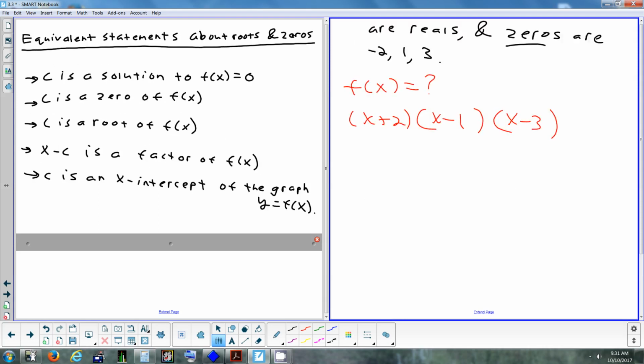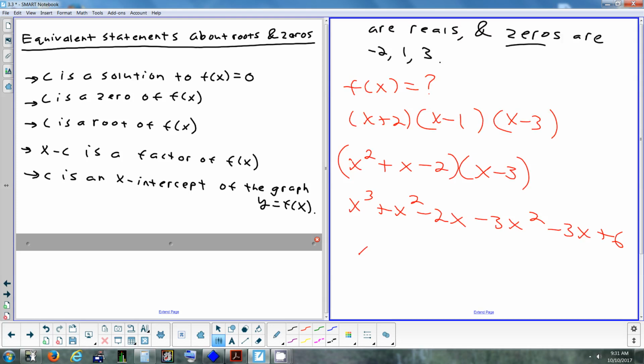Okay, so now let's just multiply that out. So we get x squared minus x plus 2x, which gives me -x plus 2x is x, and then -2. And distribute out one more time. x cubed plus x squared minus 2x minus 3x squared minus 3x plus 6.